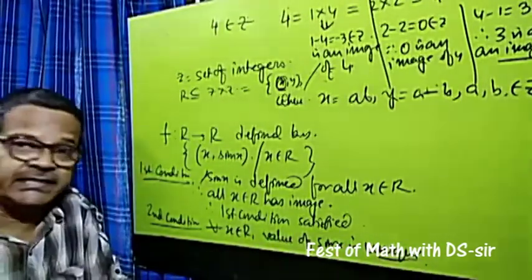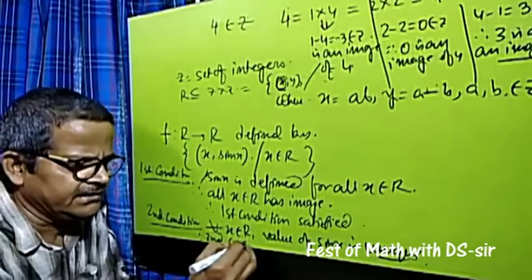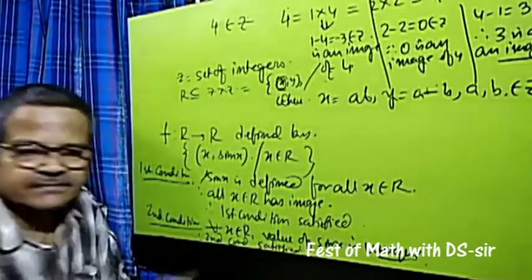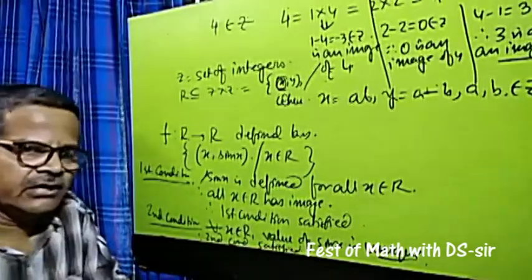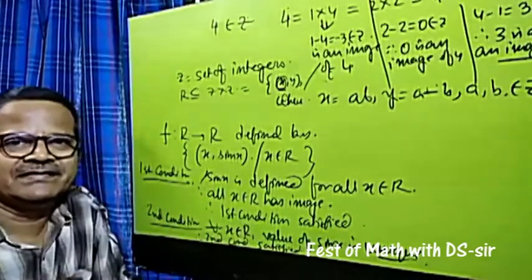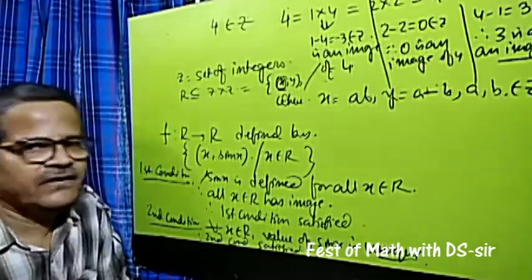Unique, that is single value. Hence, the second condition is satisfied. The second condition is also satisfied, so this is a mapping. Hence, this is a mapping or function.